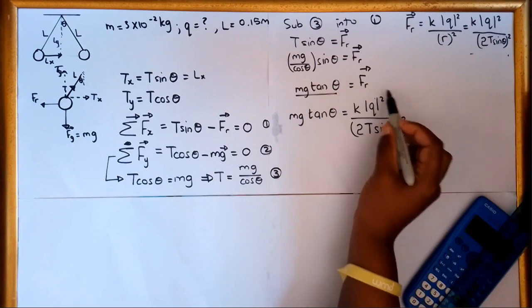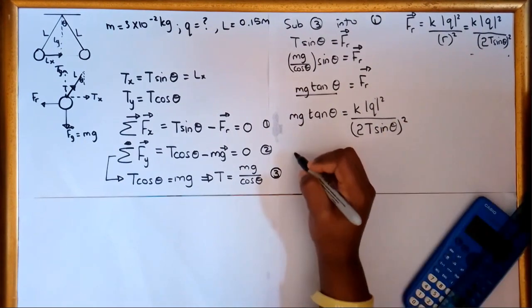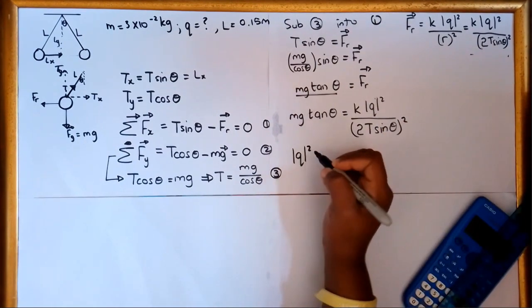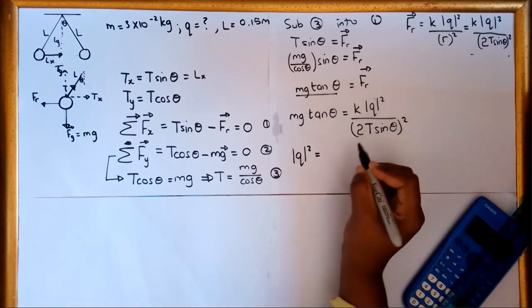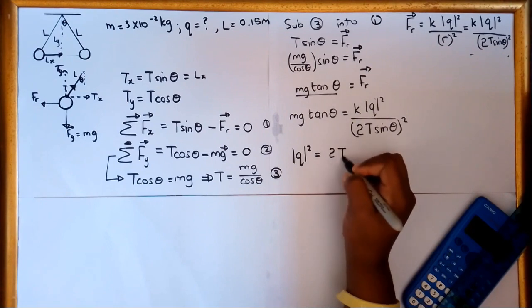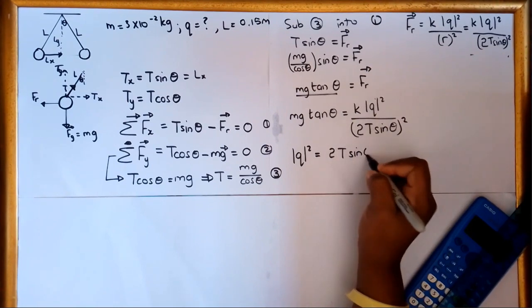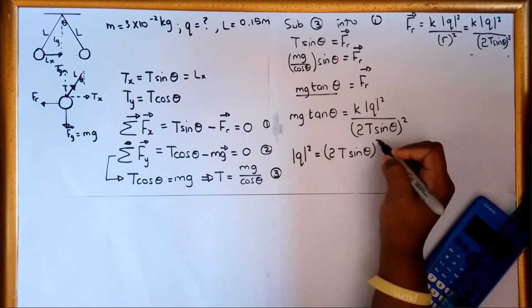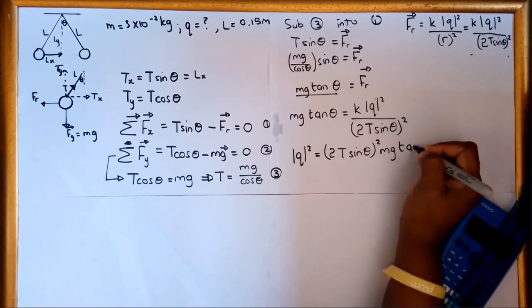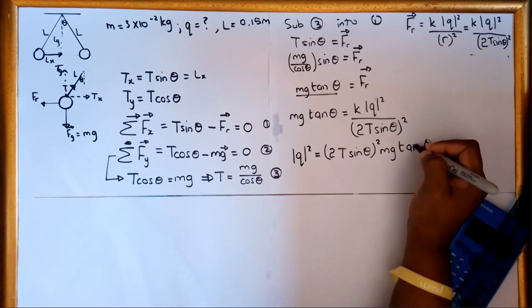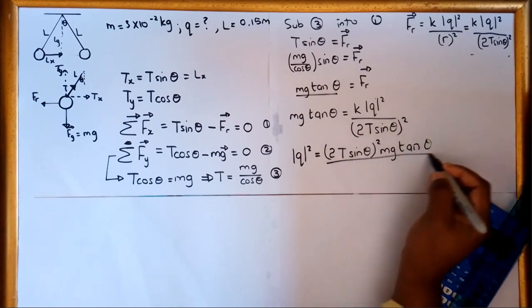Then I'm going to make Q the subject of the formula. Q squared is equal to 2 times T sine theta, squared, times mg tan theta, divided by K.